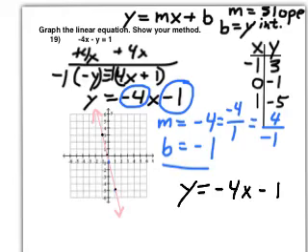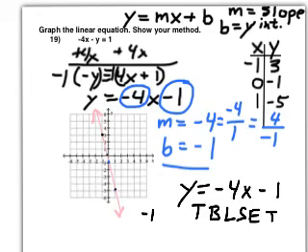So what you might want to do, just to get the points, is go into table set, which is TBLSET. To do that, push second window, and you'll notice table set is right above that in blue. Set the table to start at, let's say, negative 1, and have it go up in increments of 1.